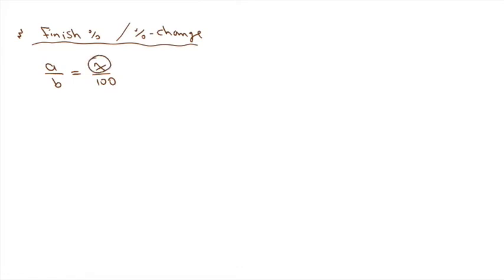So if I solve for x, all I have to do is multiply both sides by 100 to get rid of the 100 on that side. So x is going to equal the fraction times 100, and this will be written as a percent. When I put percent in parentheses, it's not that that number is going to be calculated as a percent. It's just that whatever the answer is will be turned into a percent.